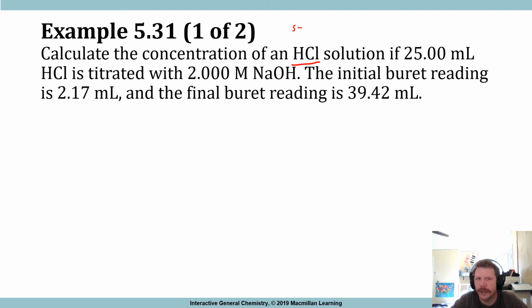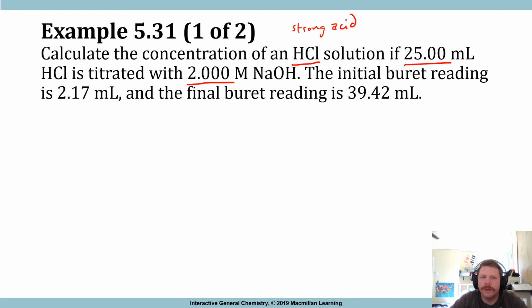HCl is a strong acid. If 25.00 milliliters of HCl is titrated with 0.2000 molar sodium hydroxide, the initial burette reading is 2.17 milliliters, and the final burette reading is 39.42 milliliters.